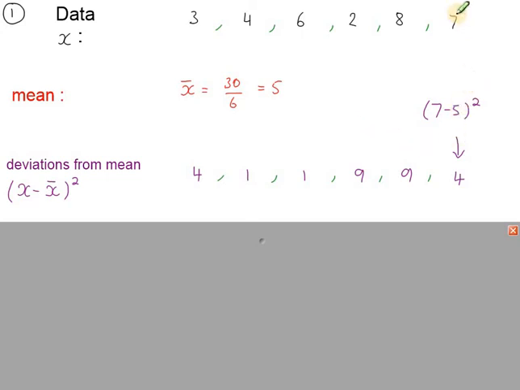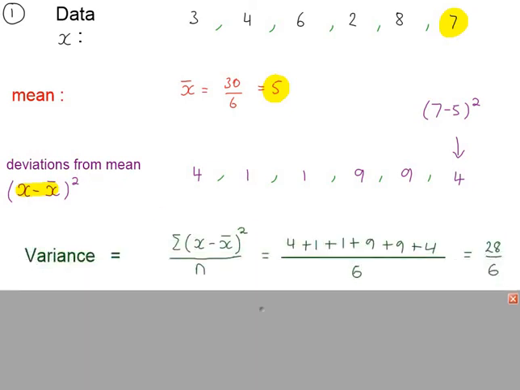As an example, 7 is my data value, 5 is my mean, so I've done 7 minus 5, this part, and then I square that value. So 7 minus 5 is 2, I've squared that, I've got 4. This one here, I've got 3, 3 minus 5, minus 2 squared gives 4. So all of these values now are positive values because I'm squaring.